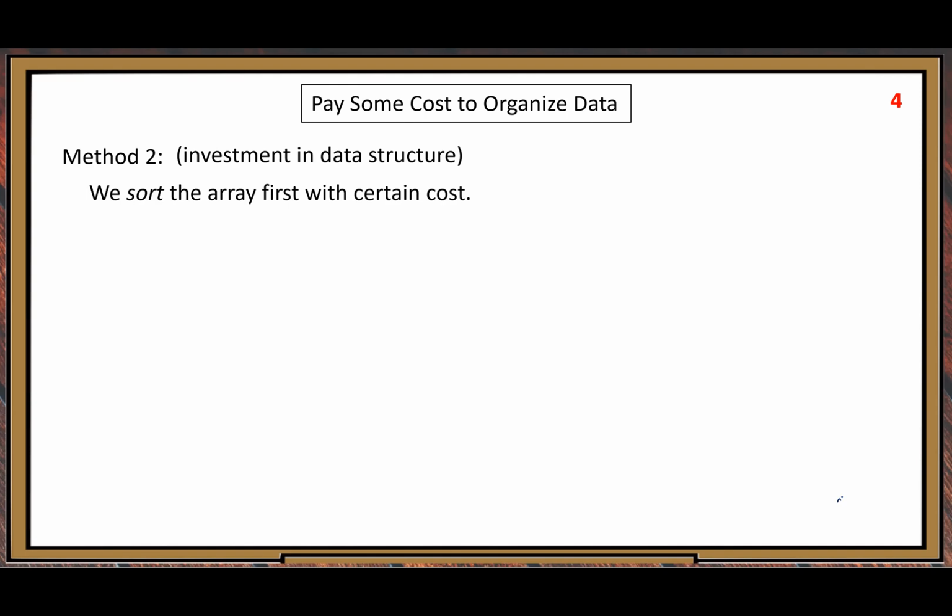How much cost do we pay when we sort this array? If we apply selection sort, which we just completed, that will be 1/2 times n minus 1. You can see that is the same as the worst case cost in method 1.